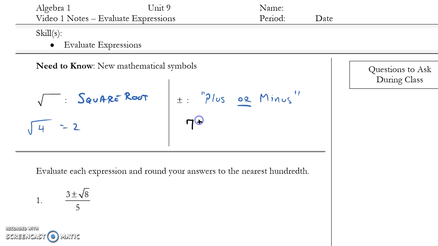So, for example, if I gave you 7 plus or minus 1, that symbol is actually saying that you have two problems. You have to do 7 plus 1, which is 8, or 7 minus 1, which is 6. Two problems, two separate answers. We're going to get this type of a problem a lot in this chapter.